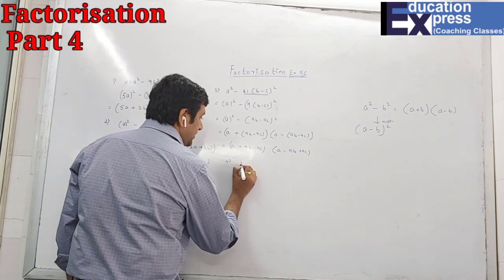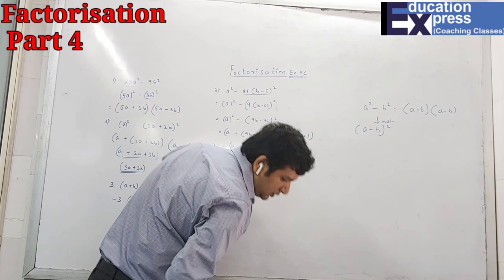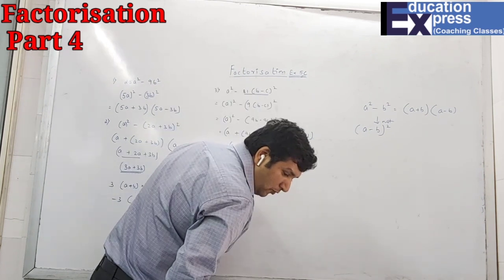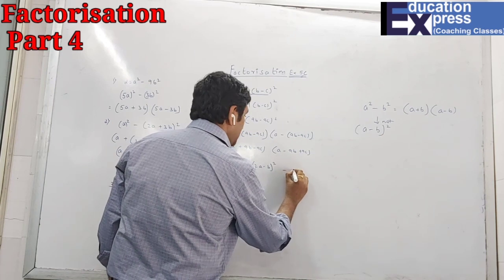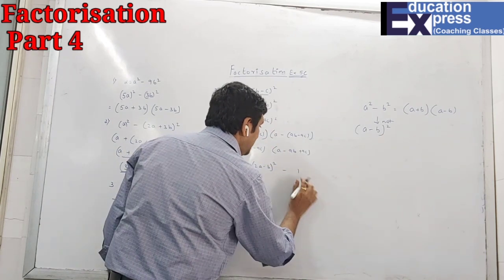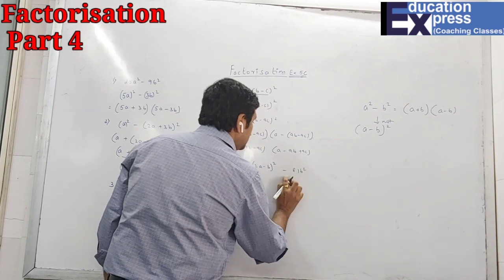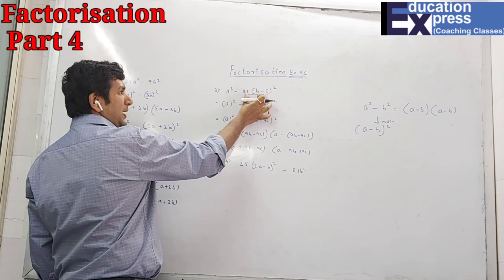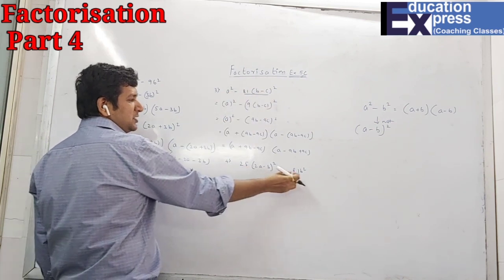So question number 4: 25, again the same thing, 25(2a minus b) the whole square minus 9b square. What is the difference between the third and the fourth sum? A minute difference: here we had the first term as a normal monomial and this was binomial. Now your first term is binomial, this is monomial.